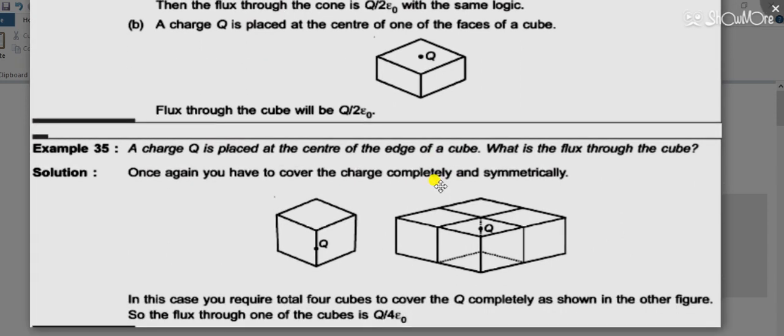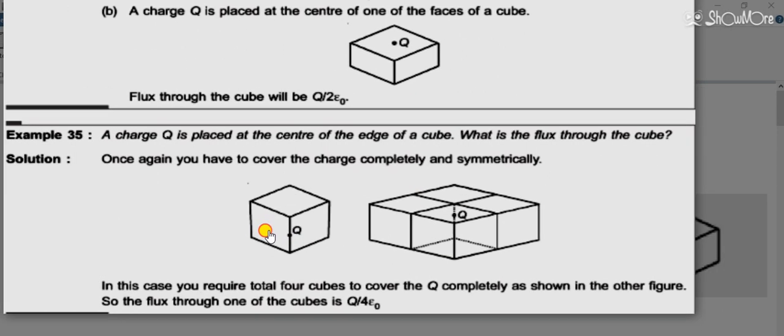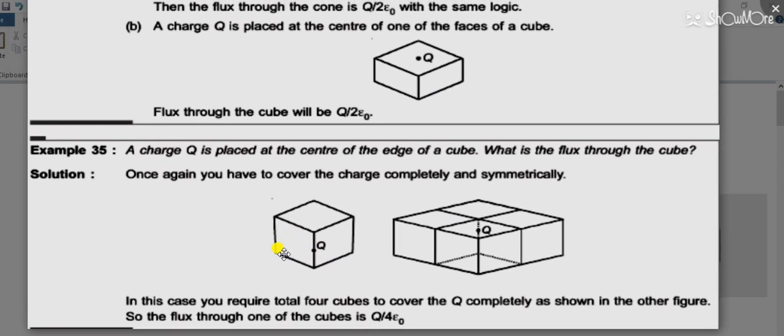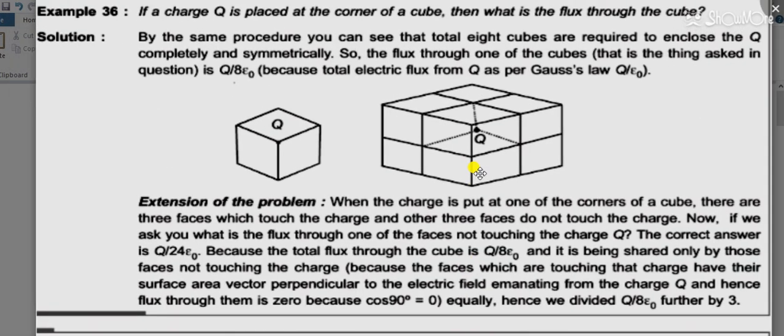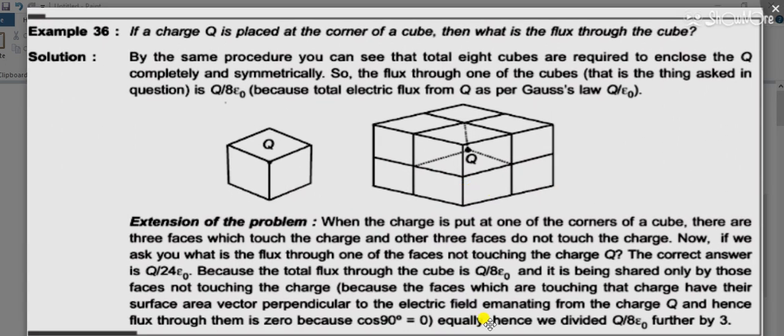Then for question number 35, I deeply explained the flux linked with this cube and the flux linked with any face of this cube. Then I discussed the concept of question number 37 and question number 36. These are also very important questions. You can read the theory part, the same concept will be used.